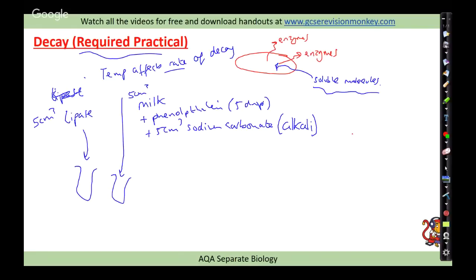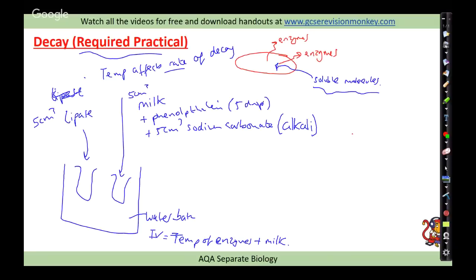And if we want to test how temperature affects the rate of decay, we would put these in a water bath, and our independent variable would be the different temperatures of water. It's the temperature of the enzymes and milk, or you could just put temperature of the reaction.